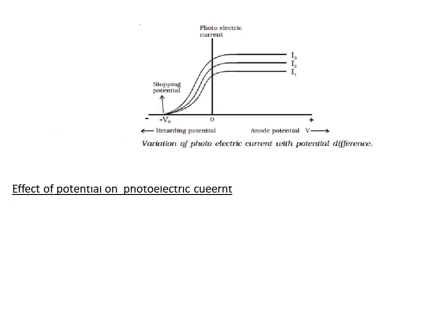Effect of potential on photoelectric current. Here we have anode potential along the x-axis and photoelectric current along the y-axis.